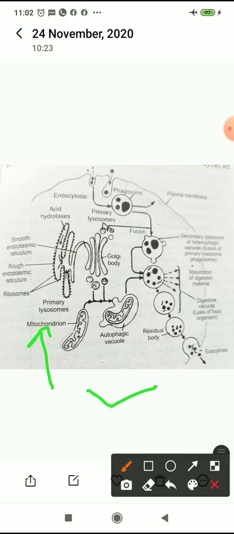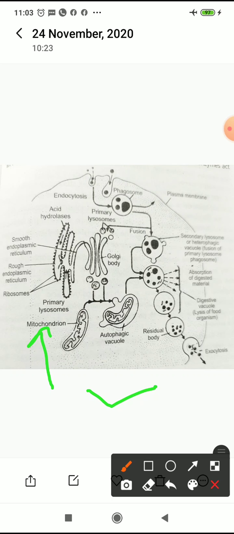Endocytosis is another phenomenon. Endocytosis means a phenomenon in which bulk of exogenous material is taken inside the cell. Endocytosis is of two types, pinocytosis and phagocytosis.